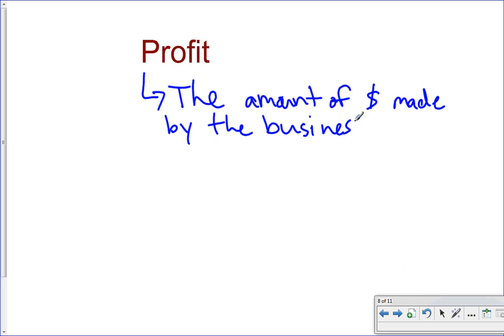Now you may be asking yourself, didn't we just discuss that with the revenue? The revenue is just the total amount of money you made. However, as we've already gone over, it costs money to make those products each month. So if you're not bringing in more money than it costs to make those products, you are not making a profit. You really haven't made anything. Look at it this way.